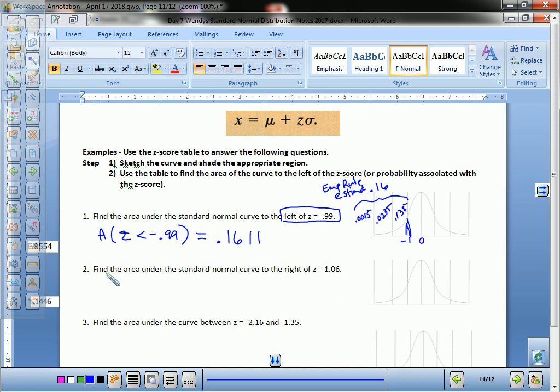All right. Now, let's read this one. Find the area under the curve to the right. Oh, that's new. To the right. Okay, so let's see what that would look like visually.